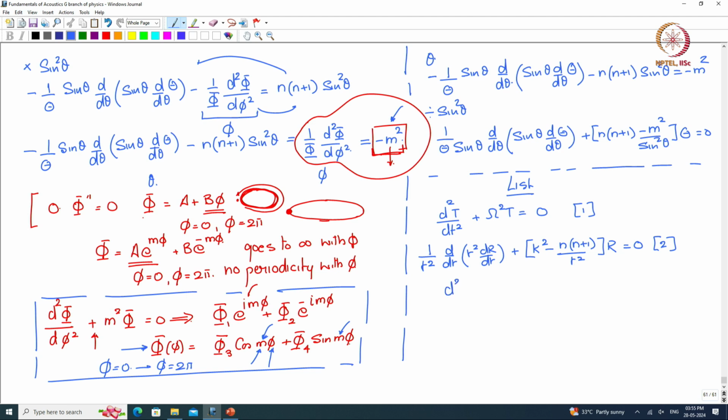Then I have d2 phi by d phi square, okay, plus m square phi equal to 0, which is number 3, and 1 by sine theta d by d theta sine theta d by d theta of theta plus n into n plus 1 minus m square by sine square theta of theta equal to 0.